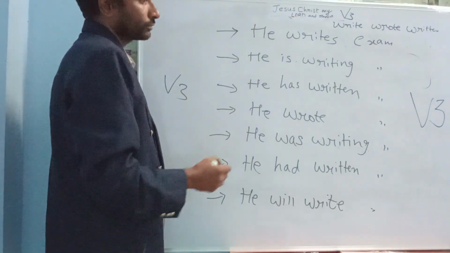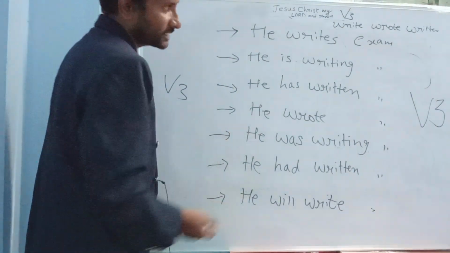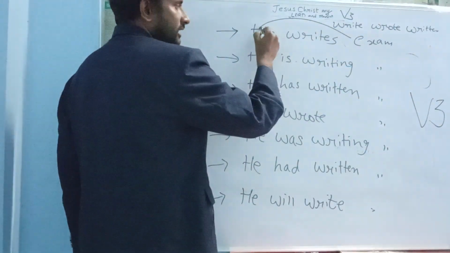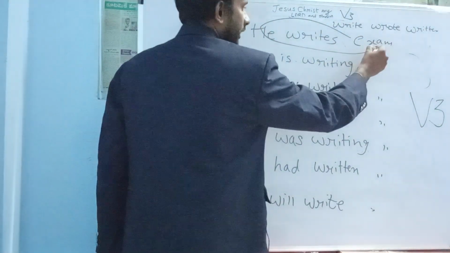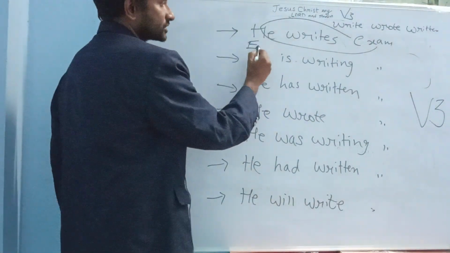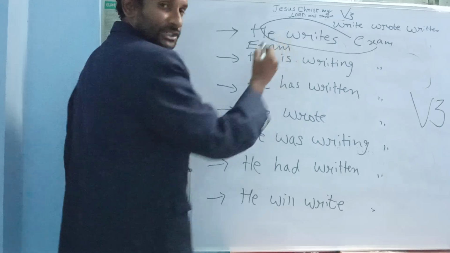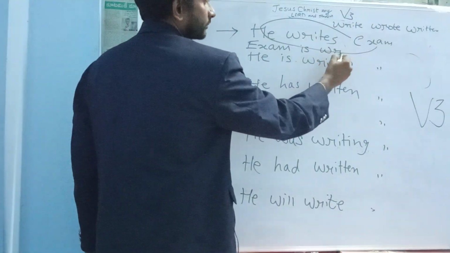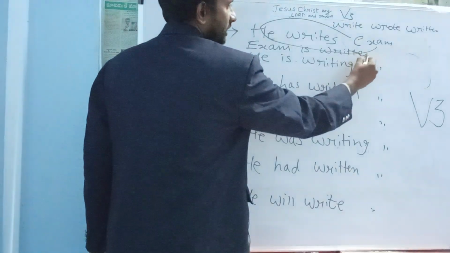So now the object in all these sentences will become the subject. Exam will come here, he will go here. Now you see, exam is written, that is the V3 here.